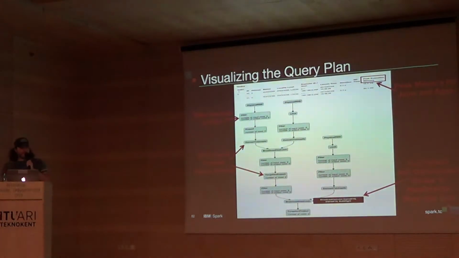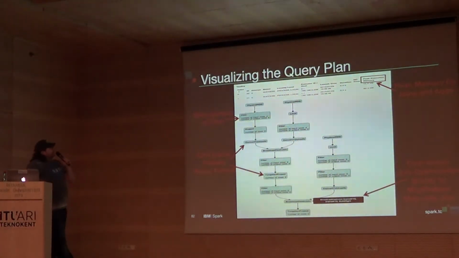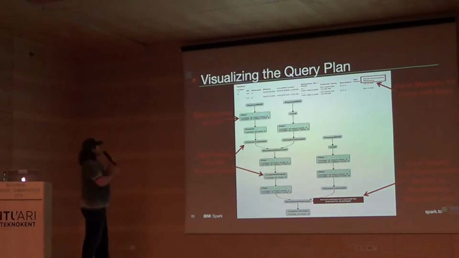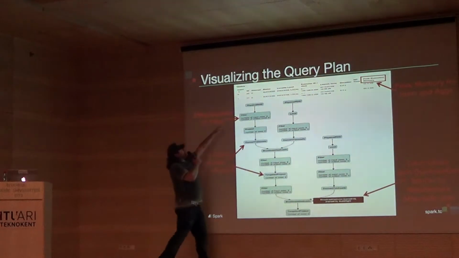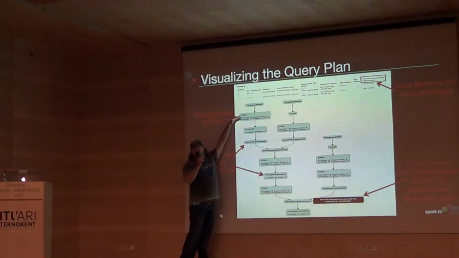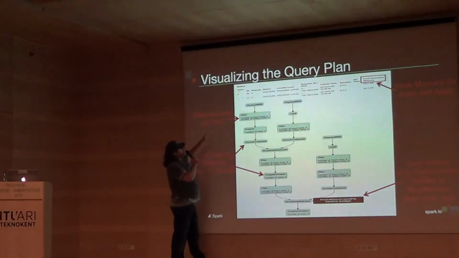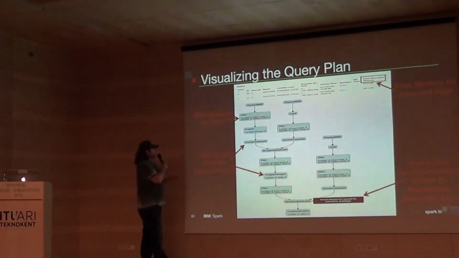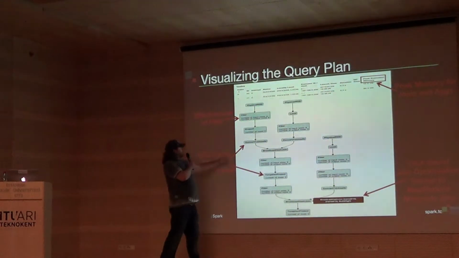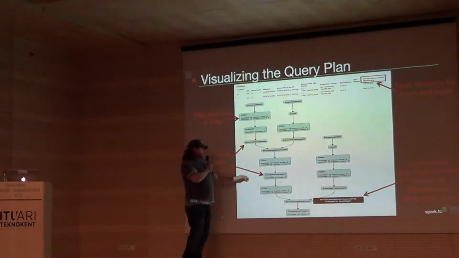Spark 1.5, I believe, added this nice visualization too, so that you don't necessarily have to look at the explain, but you can actually crack this open. You can see the number of rows going in, the number that got filtered, the output rows. You can get a sense of the effectiveness of your filters, converting to unsafe.